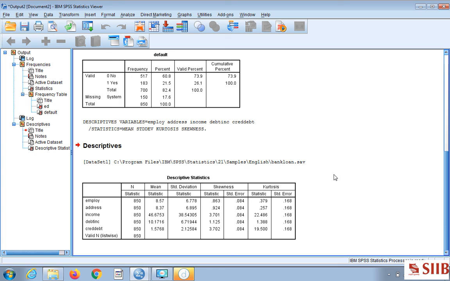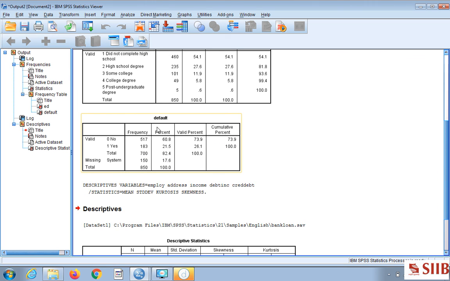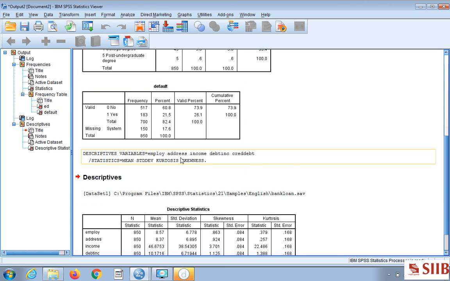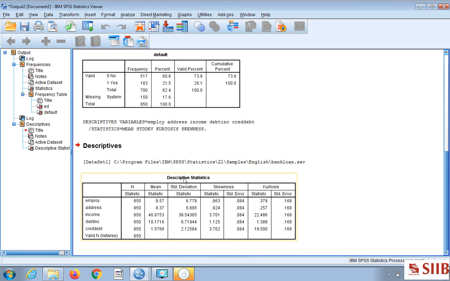So based on the shape of the curve, by using kurtosis, we can verify whether the given data is above normal or below normal. Okay, so this is a simple understanding of frequencies and descriptive statistics. Mind you that the frequencies procedure is used with nominal and ordinal variables like we did, and for scale variables we have to use the descriptive statistics option.